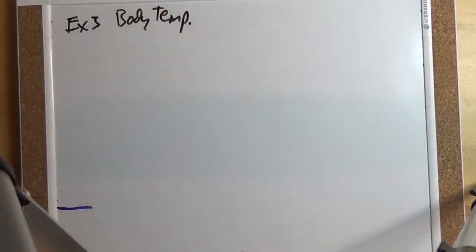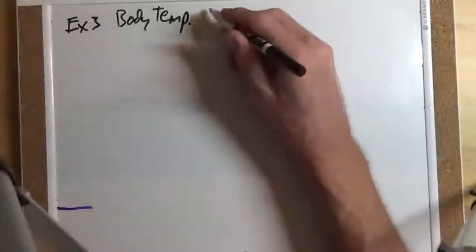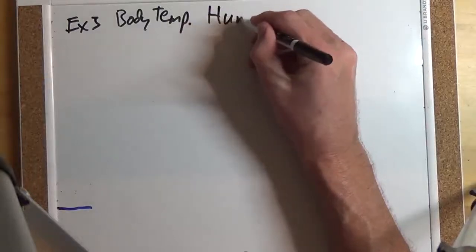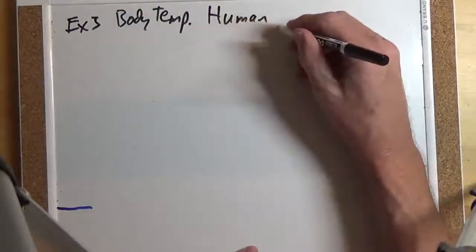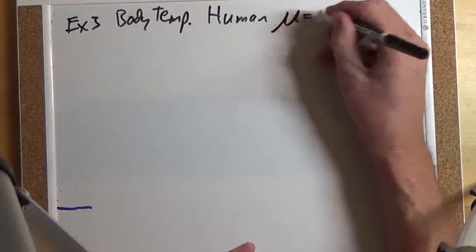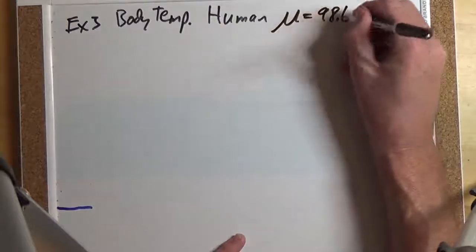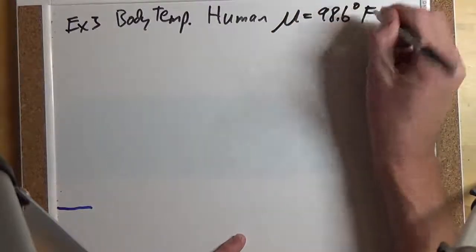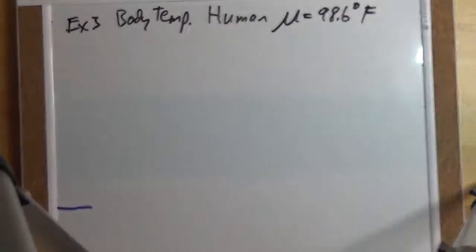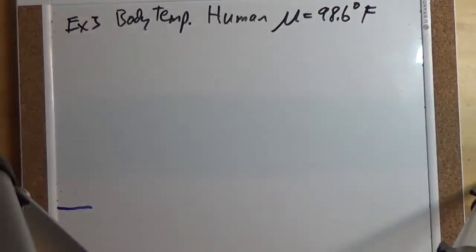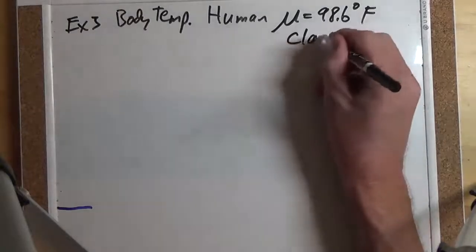I don't know if you're like me, but when I grew up, I was told that the mean temperature of humans is 98.6. Anything above that is a fever, and anything below was hypothermic. So, this is our claim.